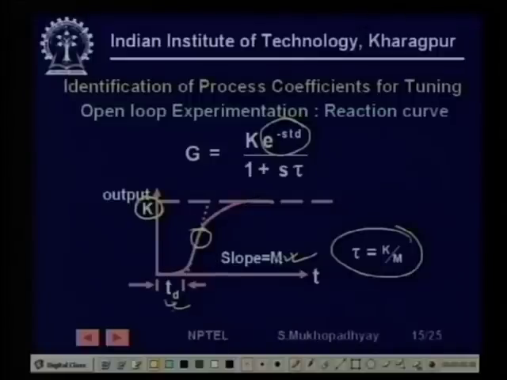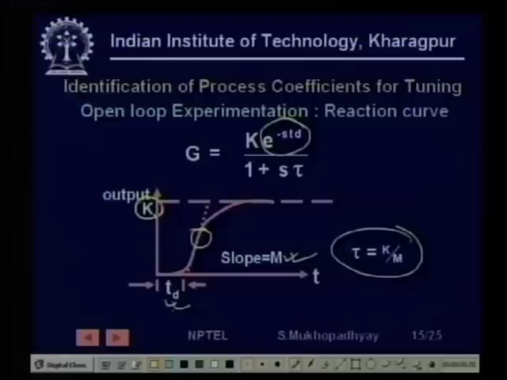Based on this, people have various kinds of empirical rules. Empirical rules means process control experts have arrived at them through their experience, through many simulations and actual experiments.